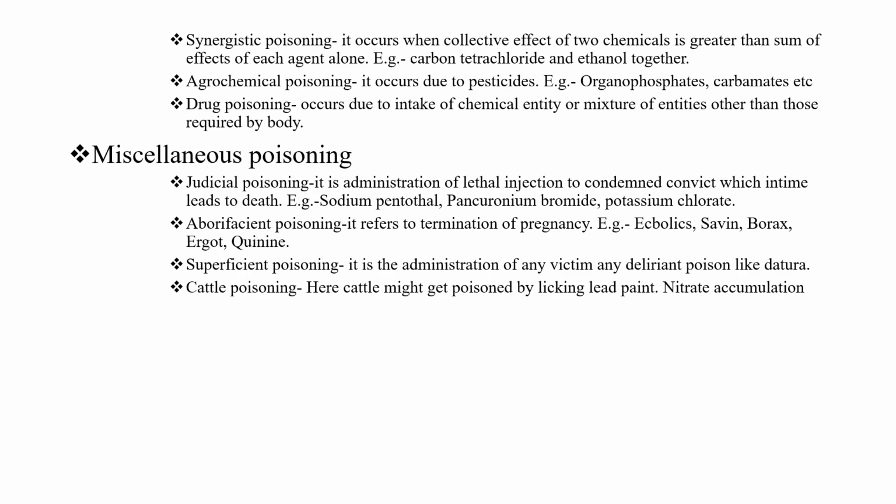Agrochemical poisoning. We know that in agricultural fields, various pesticides, organochlorides and various other things are used to kill the pests and weeds and protect the plants. Due to excessive use of these pesticides, the pests and weeds die.